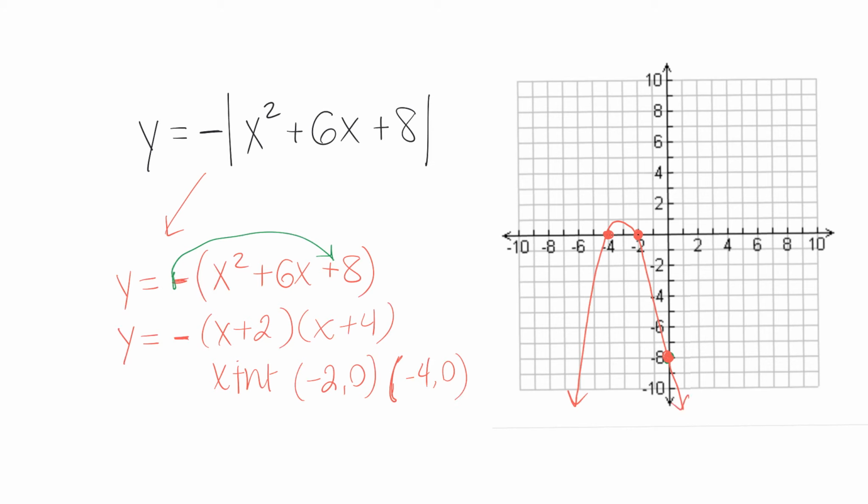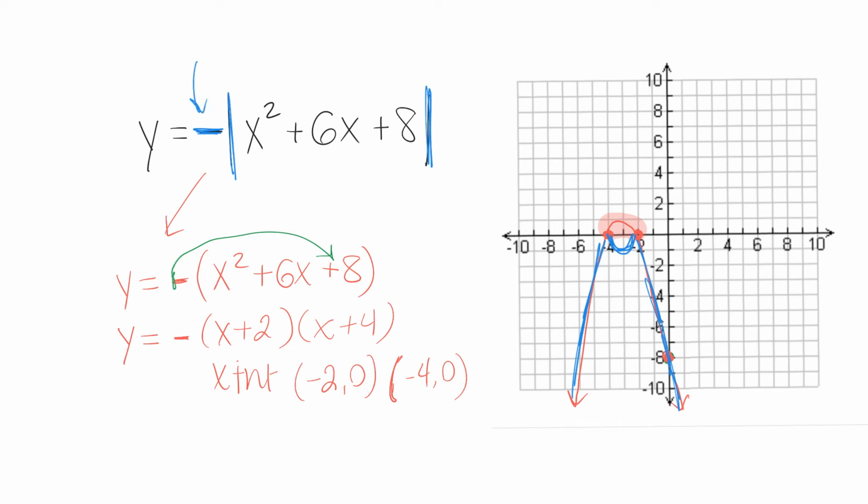Therefore, this time, what's going to flip? The whole thing has to be upside down. So this time, the positive piece, this little guy, is going to do the actual flipping because it's negative. This time, these pieces stay the same, and this is going to drop down when I take the absolute value of it.